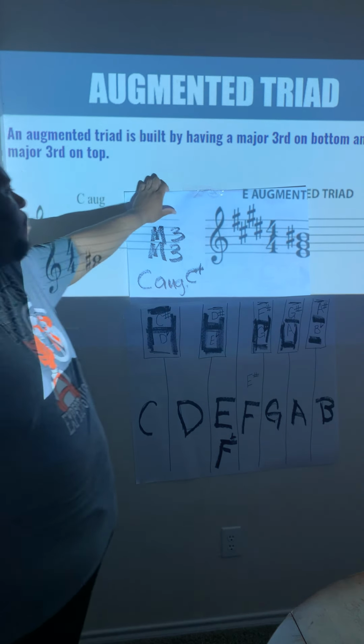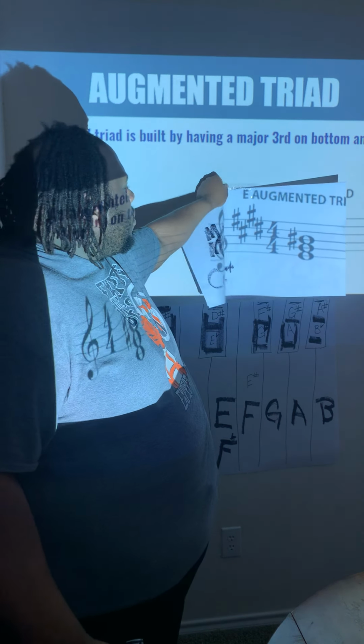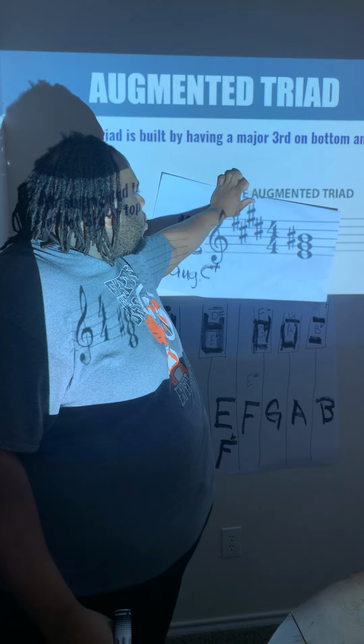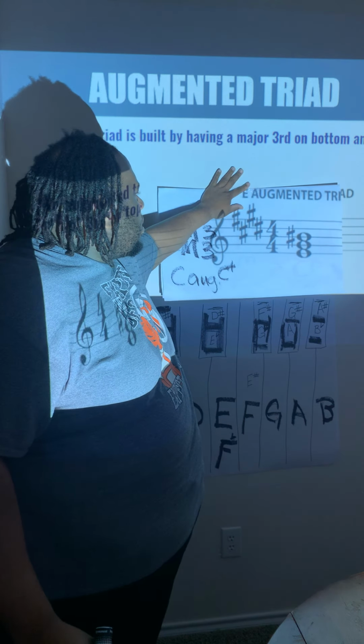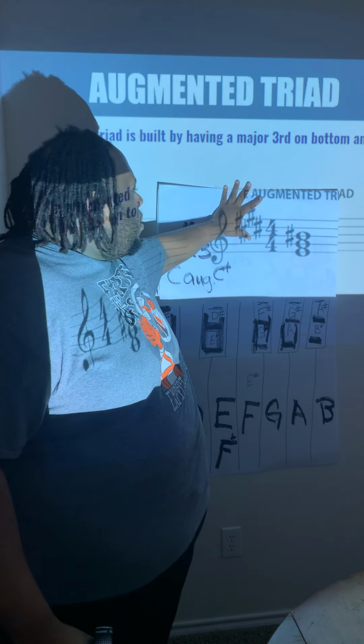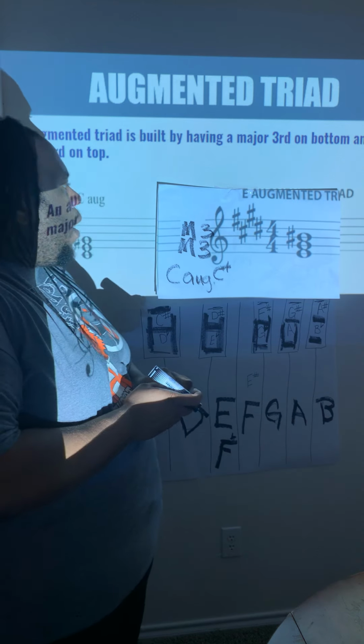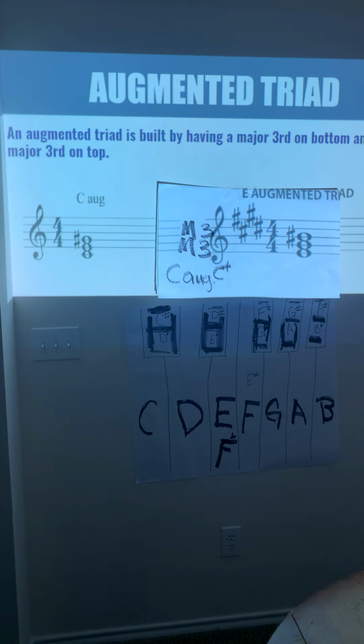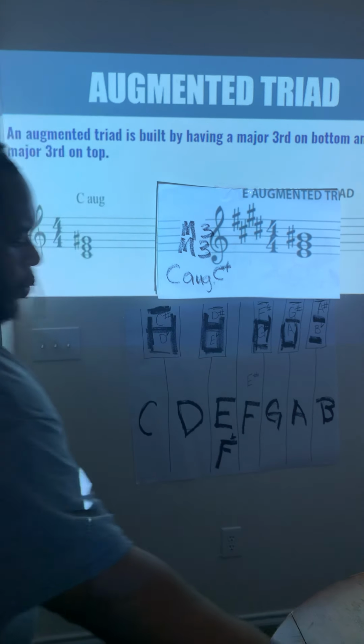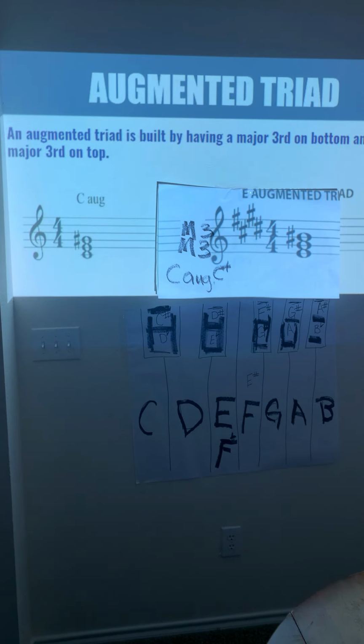Let's look at the next one. All right. For this one, let's look at the sharps we have first. You have to be able to determine what sharps you have and which letter, which space or line they fall on. Okay. I have a C sharp, but I don't have a C down here, so I'm fine. I have a D sharp, no D down here, I'm fine. I have a G sharp.